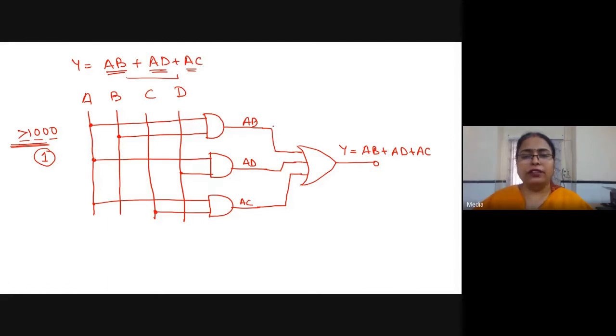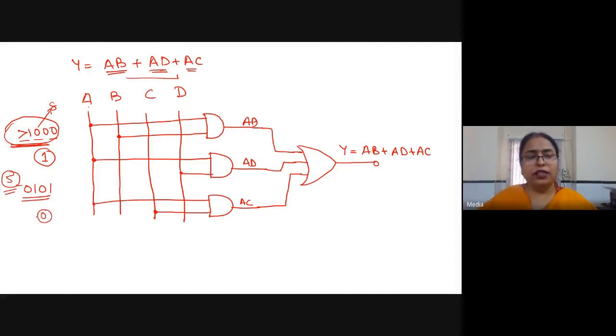So now I have made my circuit. I have to check if this circuit is obeying this truth table. Let us first give it less than 1000. Let me give it 0101. This is less than 1000 because this is decimal 8 and this is decimal 5. So 5 is less than 8, so at 5 it should give me 0 at the output.